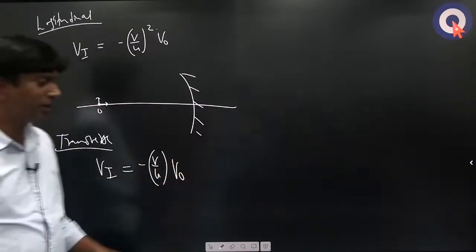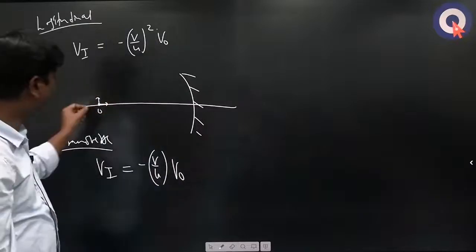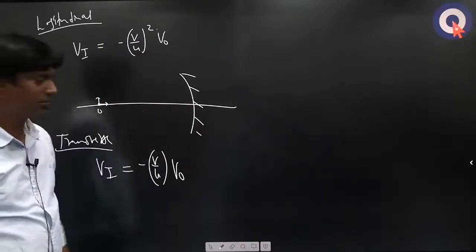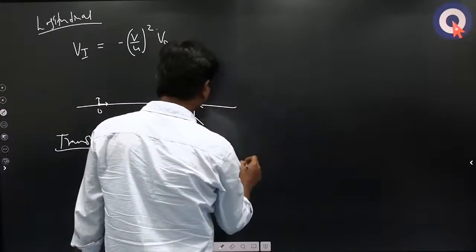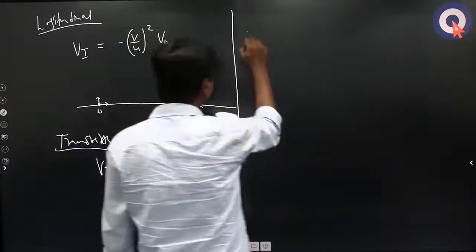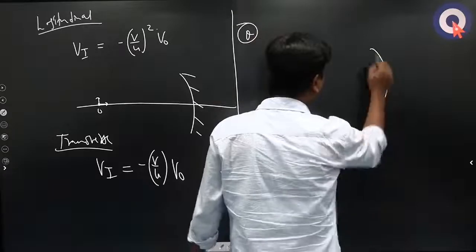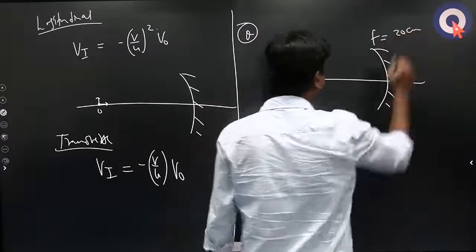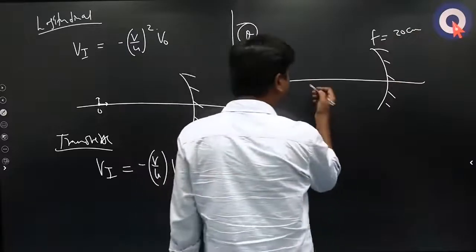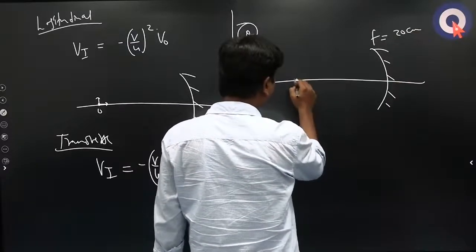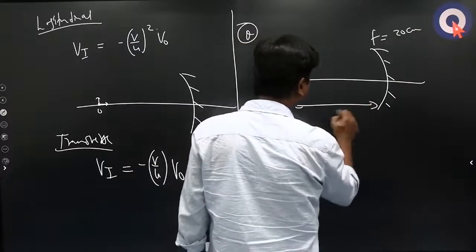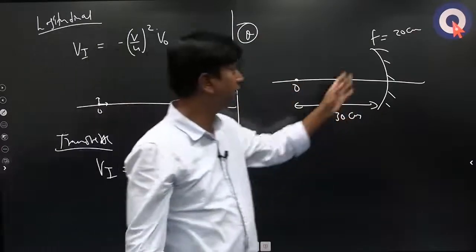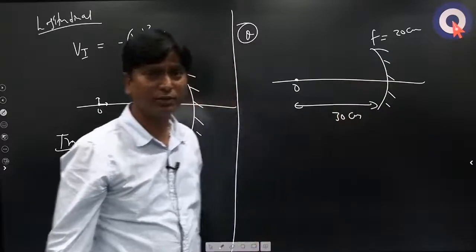Some questions will be like: a small insect has a velocity of some i cap, j cap, k cap mm per second. I'll frame one simple question here. You have a concave mirror with focal length, let's say, 20 centimeters. The object is at 30 centimeters, which is definitely in between f and 2f, right?